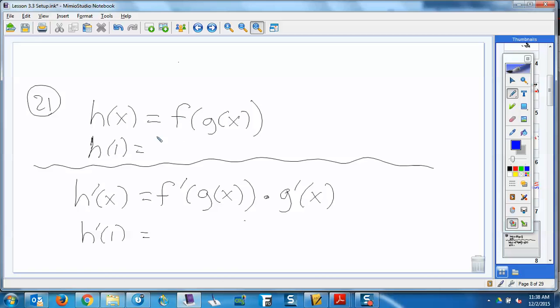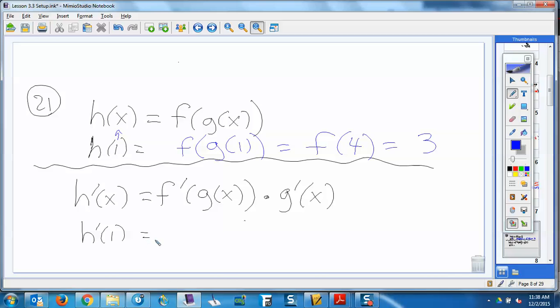Well, here's H, so H of 1 just means stick a 1 in for the x, so that'd be F of G of 1. So what's G of 1? You go down the 1 and you go to G, and what do you got? G of 1 is 4. So that becomes F of 4. The output of the G becomes the input of the F. That's what happens with composite functions. And so what's F of 4? 3. So there you go. That's the entry there.